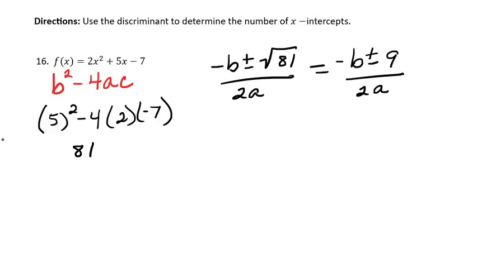So when I simplify that square root and the square roots go away, and I have a positive number here, 9, then I am going to have 2 rational solutions. And because my solutions are real, I'm going to have those zeros as x-intercepts. So I'm going to have 2 x-intercepts.